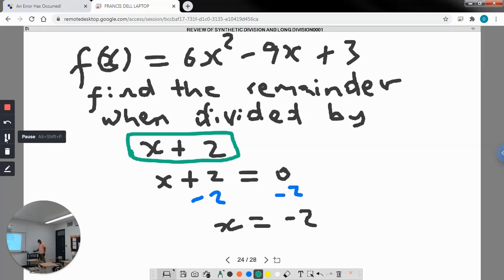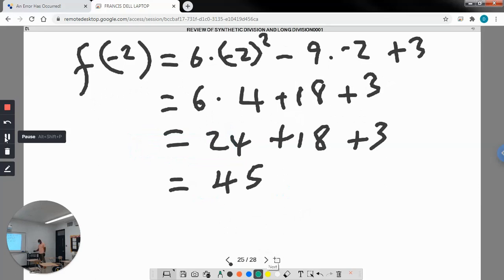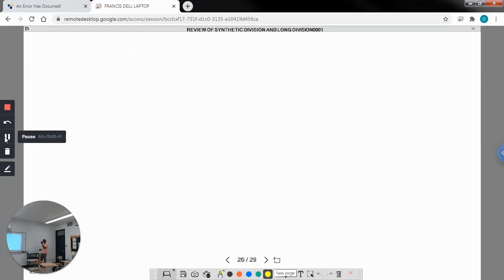And when you get x, you're going to substitute x inside of the equation, which is what you did right here. And each x becomes negative 2. Okay, good. Let's do another one before we go.